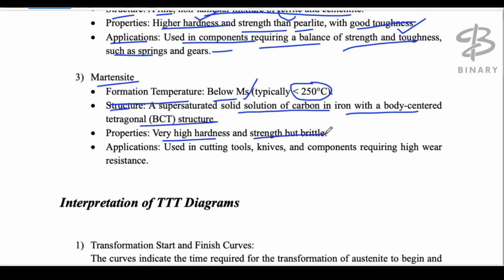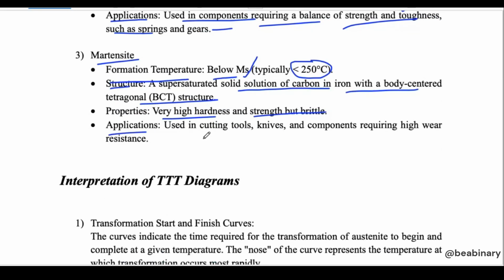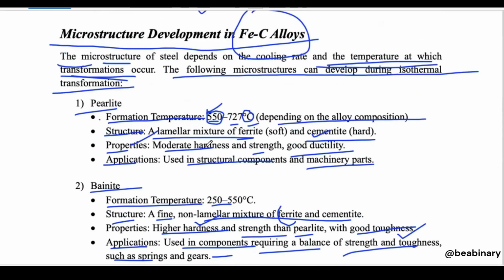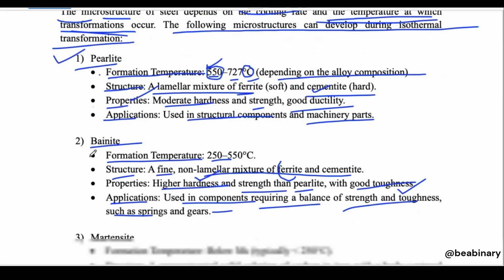As the temperature cools down, martensite has high hardness, and high hardness leads to more brittleness, or in the opposite sense, less ductility. Applications are cutting tools, knives, and components requiring high wear resistance. These are just examples of Martensite. So here we have discussed three kinds of microstructures: Pearlite, Bainite, and Martensite.